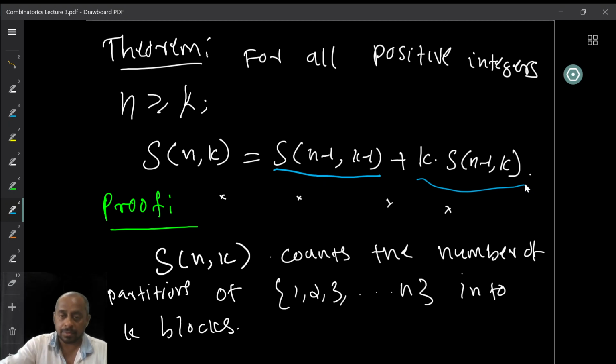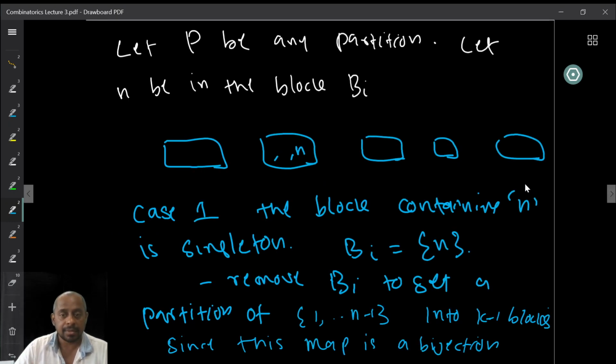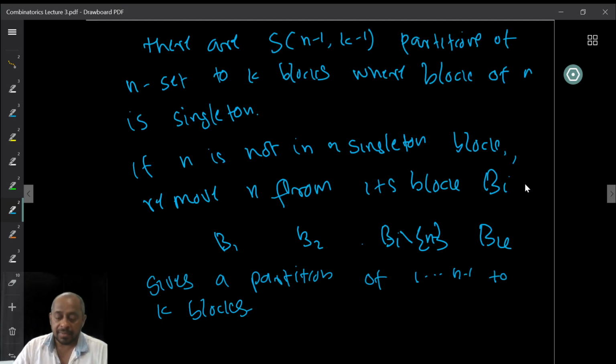And this is a bijection, because every k-block partition of the n minus 1 element set gives exactly k different partitions, and any of those k partitions gives back precisely the single partition of the n minus 1 element set.